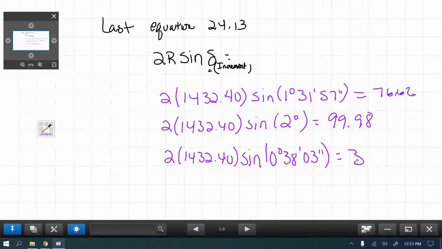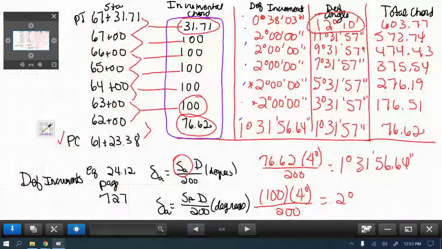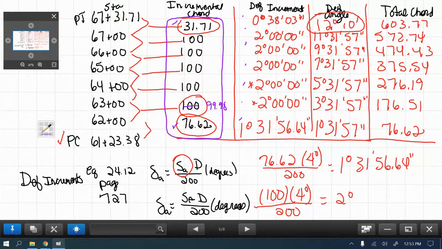I got 31.71. So I'd go back right over to my chart, and I would say I'd go through here and write 99.98. This was good. This was good. These I would just line through and do 99.98.